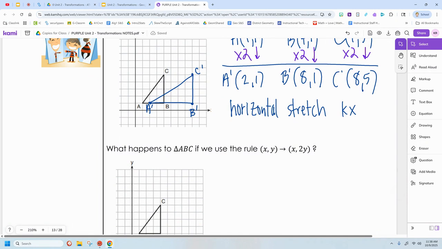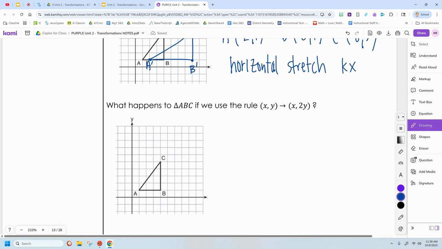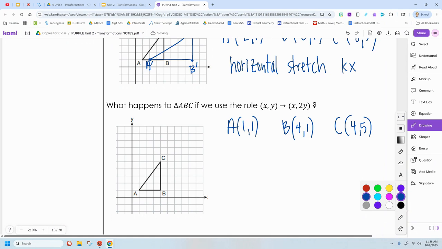All right, so let's do the same exact process, but this time we're going to change the rule to X, 2Y. Once again, just start out by writing down your coordinate pairs for A, B, and C. It's the exact same triangle. I could even put times 1, times 2 if I wanted to talk about multiplying always.